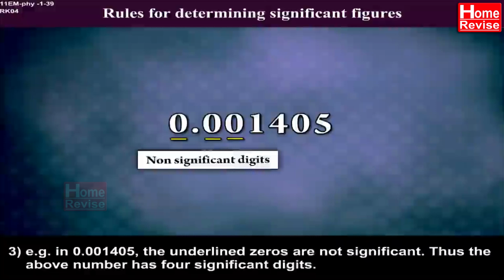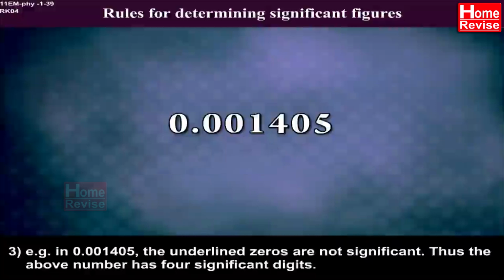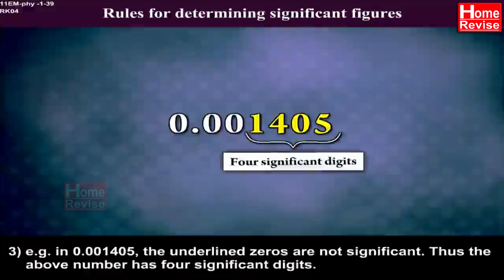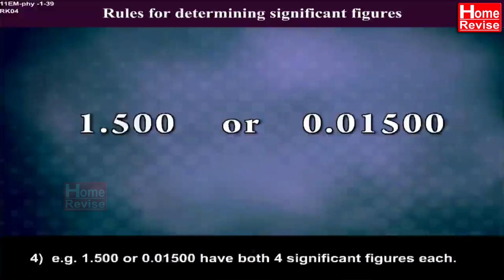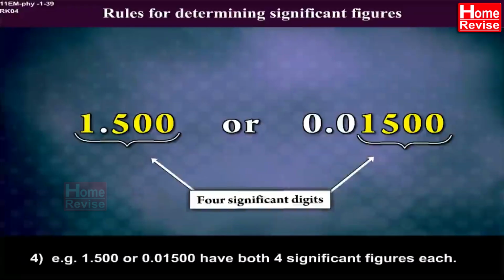Thus, the above number has 4 significant digits. 4. The zeros on the right-hand side of the last non-zero number are significant, but for this, the number must be written with a decimal point. Example, 1.500 or 0.01500 have both 4 significant figures each.